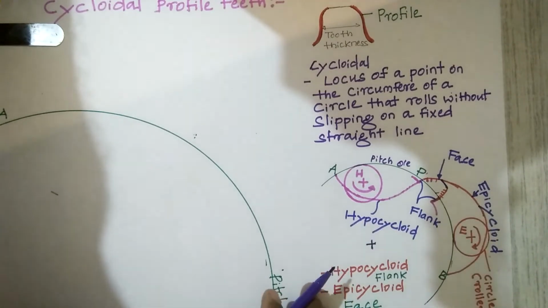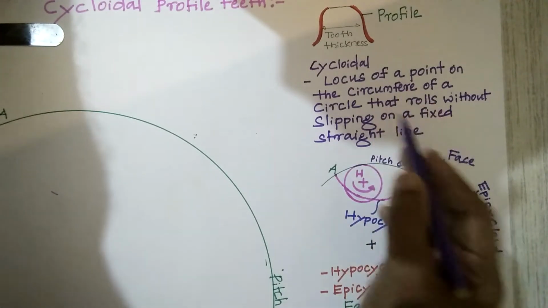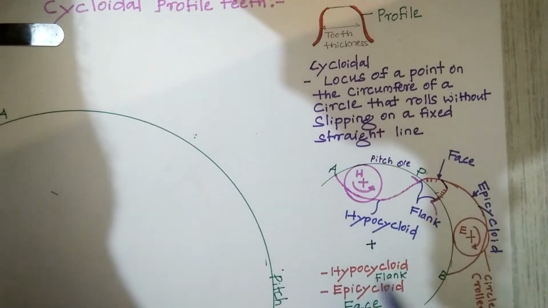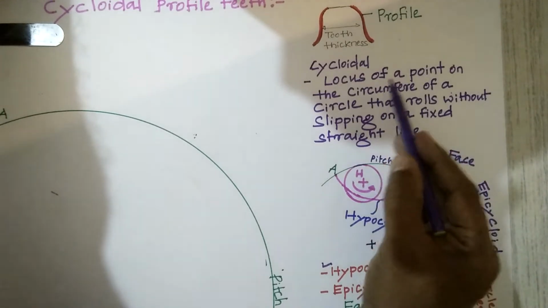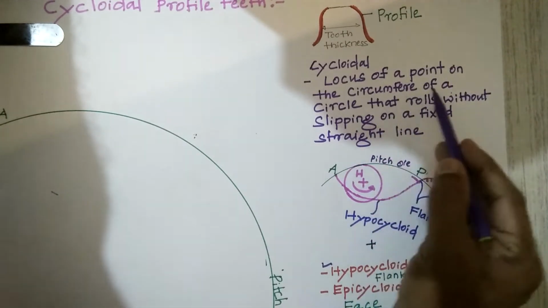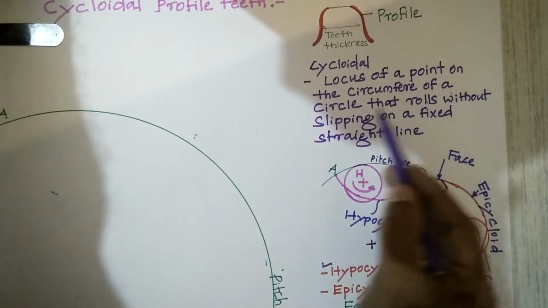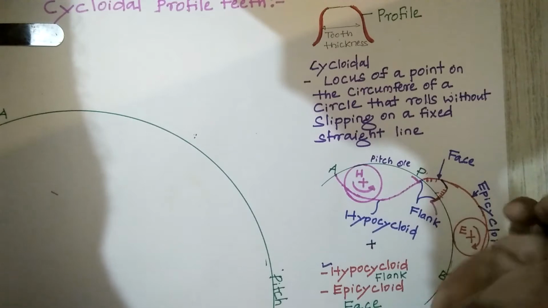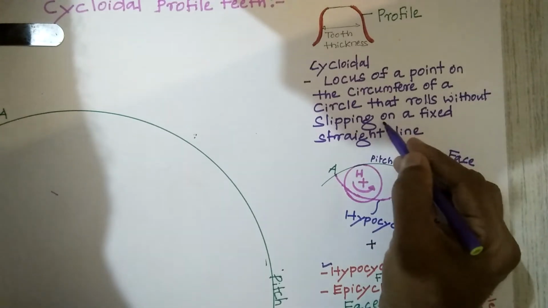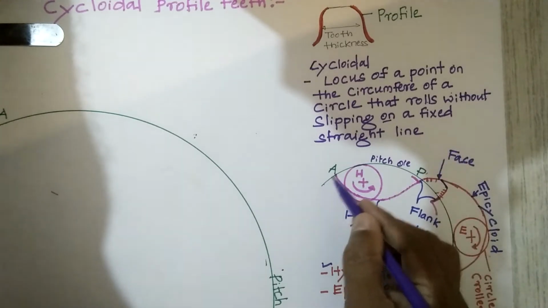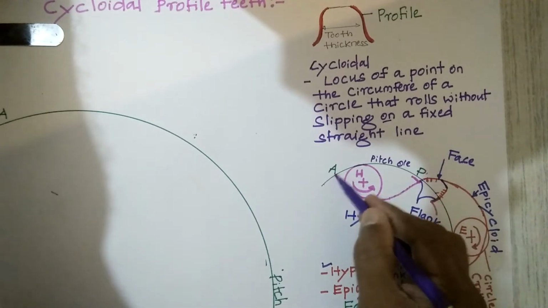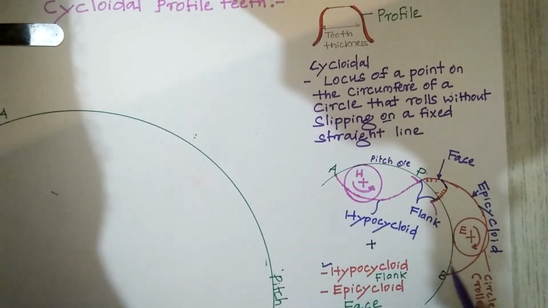Okay, one more thing. What is the meaning of the hypocycloidal? It is the same concept of locus. Now I will go to the new definition, that is hypocycloidal. What is the meaning of the hypocycloidal? Locus of a point on the circumference of a circle that rolls without slipping inside another circle.